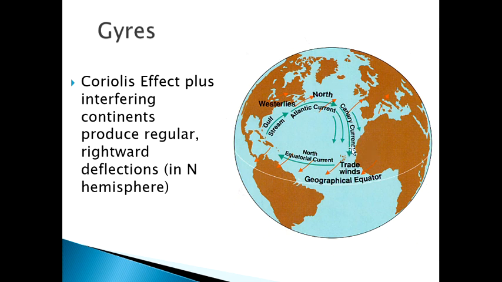There, it starts interacting with the trade winds, which also deflect to the right, creating this North Equatorial current, which delivers the water back to the Caribbean and Gulf of Mexico area. So notice that there is this roughly circular pattern of water in the North Atlantic.